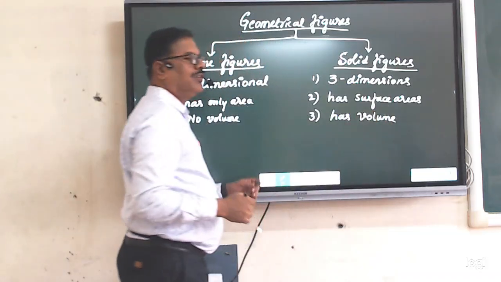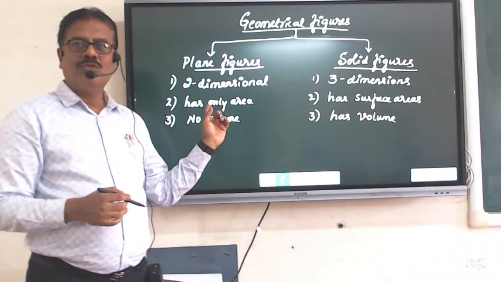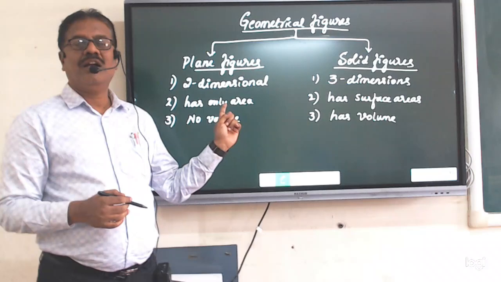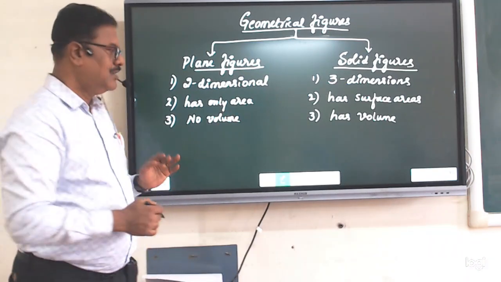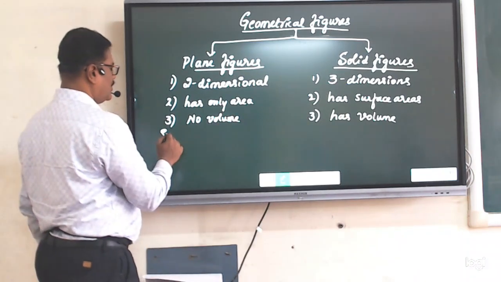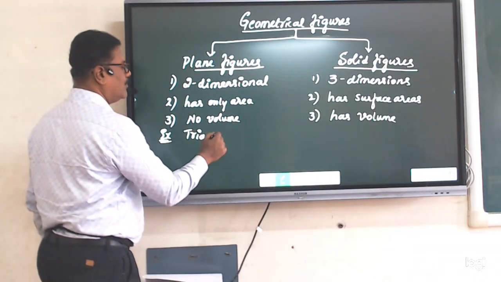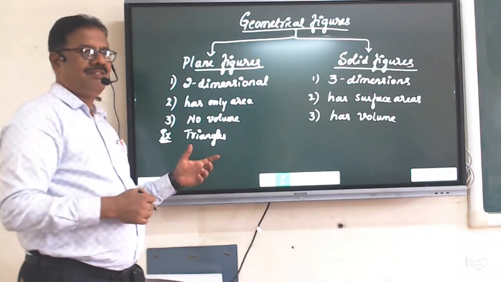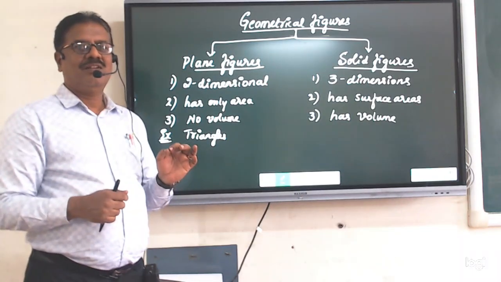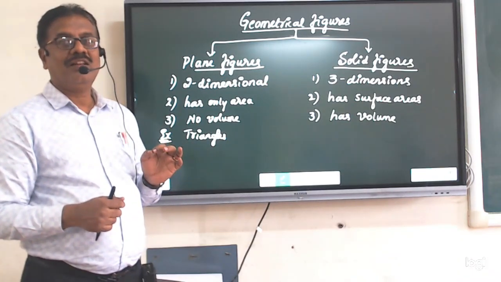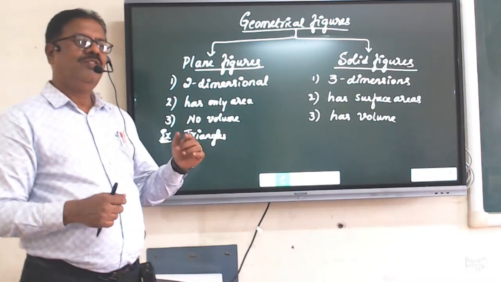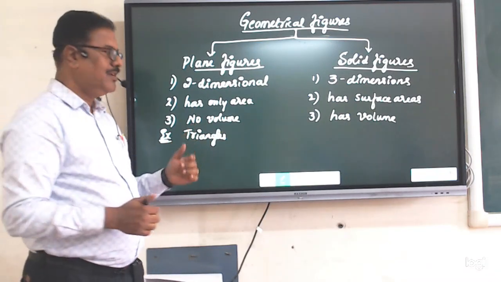So these are the differences that we can notice between a plane figure and a solid figure. The best examples that we can give here are, see, triangles. All kinds of triangles are plane figures. They have areas. What is the formula to find the area of a triangle? Half into base into height.